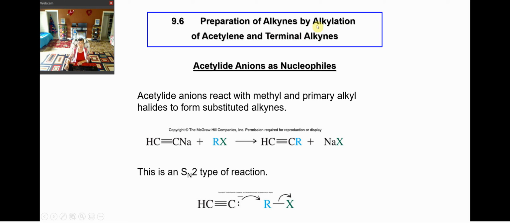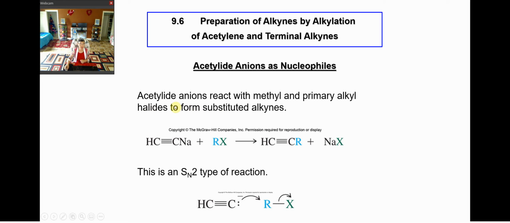The first approach is called alkylation. If you have, say, an acetylene-based compound, you subject it to an addition reaction. If you have methyl or primary alkyl halides, you are going to produce a substituted alkyne.